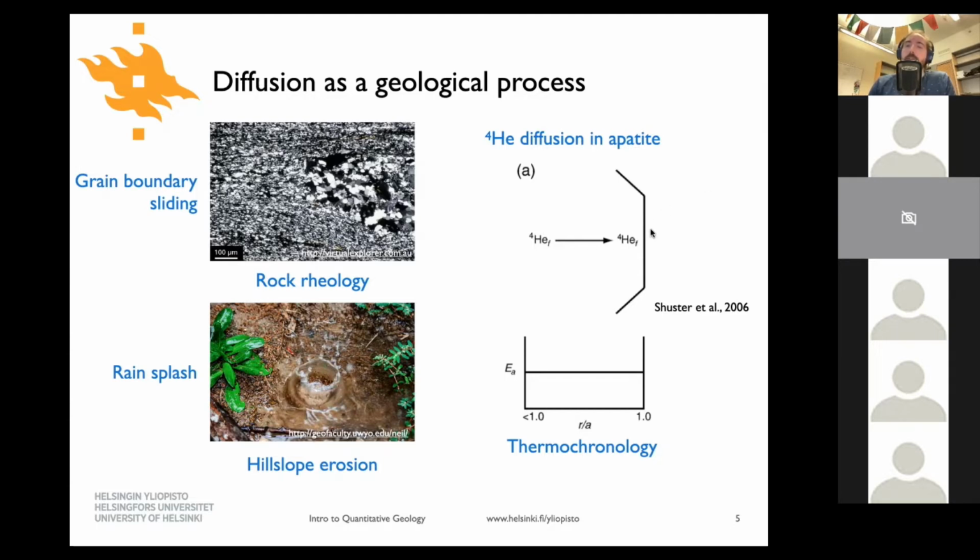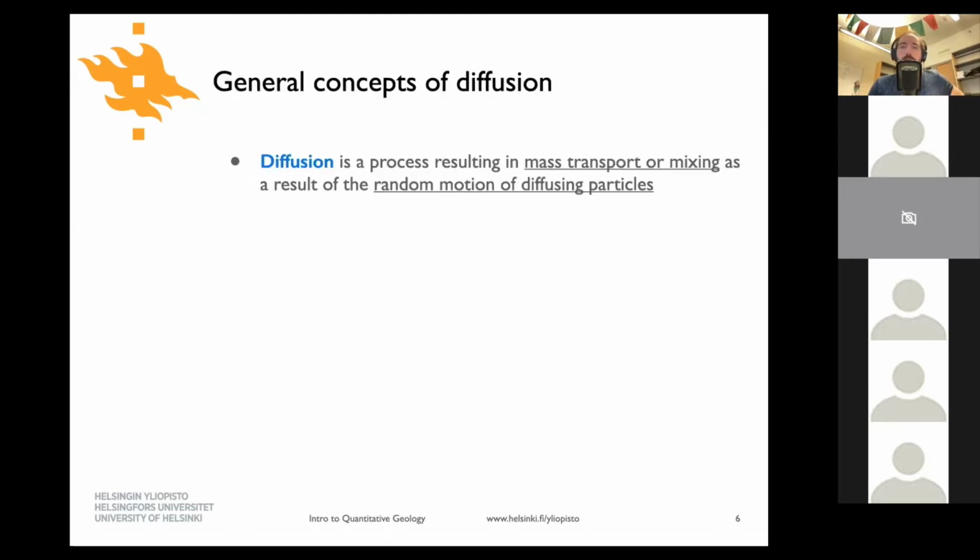That diffusion process and how long it takes is something we'll get into, in terms of what we can learn about the history of rocks from things like how long it takes for helium to diffuse out of the center of an apatite crystal to its edge. So those are just a couple of examples.